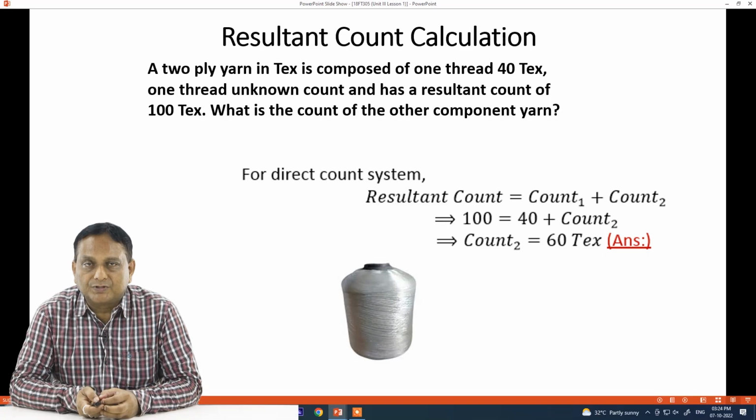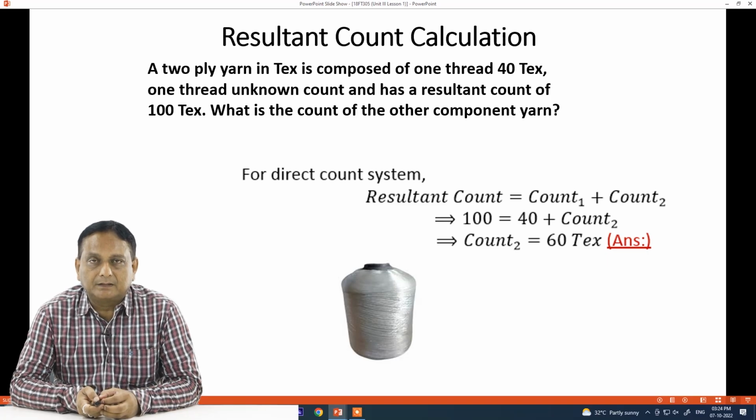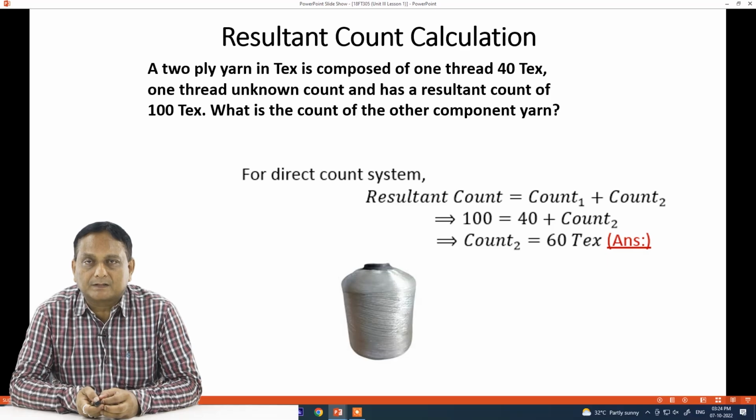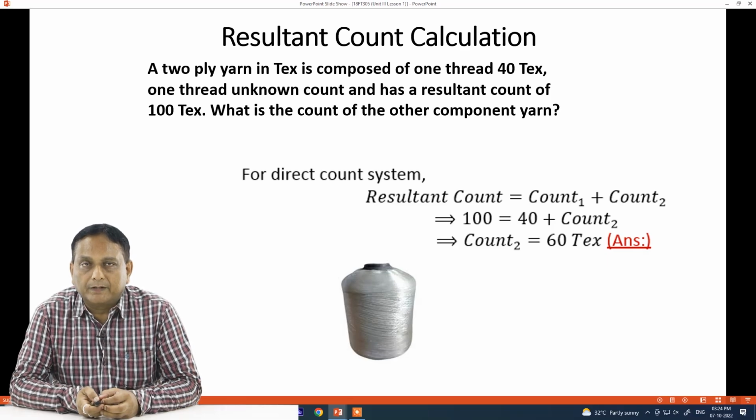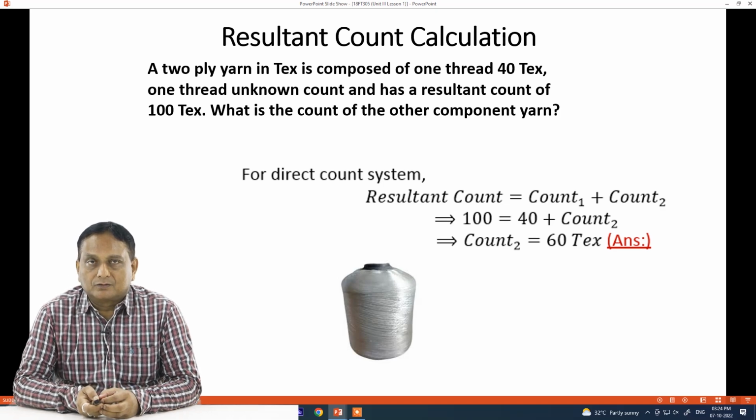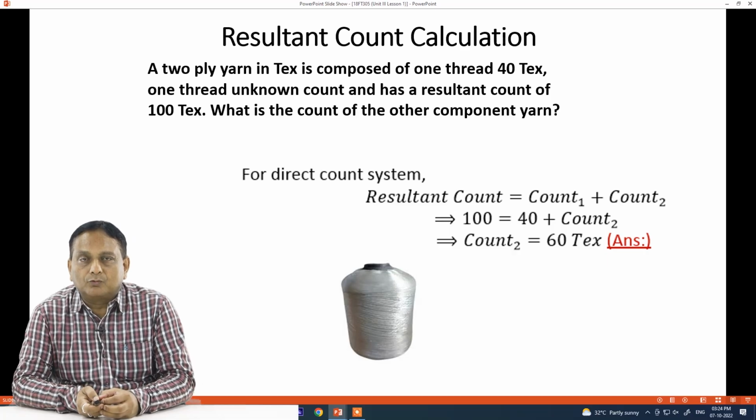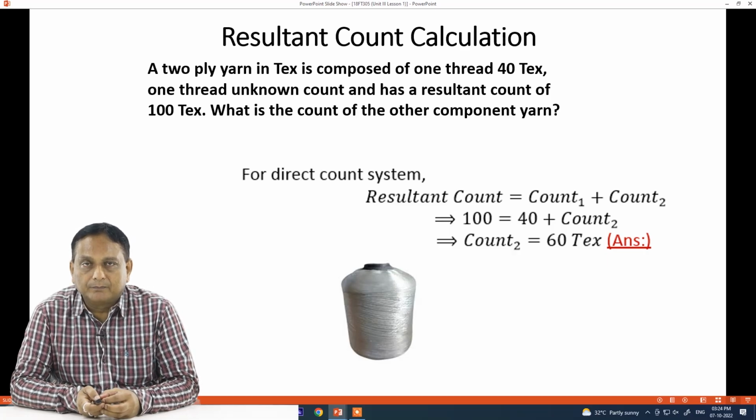Since it is a direct count system, the resultant count is equal to count 1 plus count 2. So 100 is equal to 40 plus count 2. So you can see that the other component thread has 60 Tex. That is the resultant count calculation for a direct system where Tex is used.